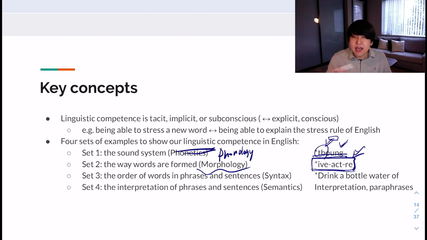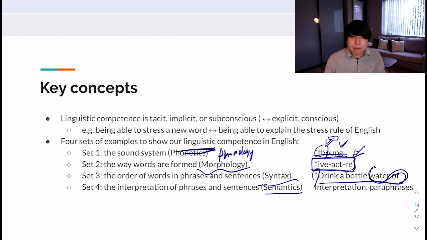And then syntax is about ordering words. You know that "drink a bottle of water of" is an illegal sentence because there's a flip in the order of "water" and "of." It should be "drink a bottle of water," right? You know that because you have the syntax level of linguistic competence in English. And semantics is about meanings.